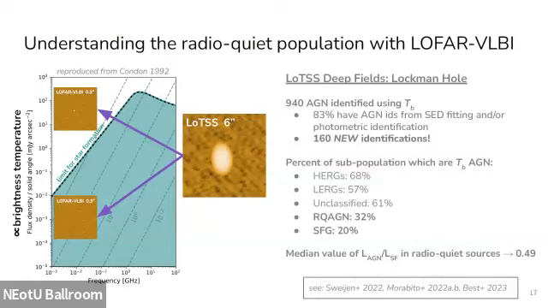And that implies that they're composite sources. And so this is really, I think, exciting to understand the radio quiet population. And if you're interested in either star formation or AGN, this is going to be interesting for you. So just to note that the ngVLA with its long baselines should be able to do similar kinds of things at the higher frequencies.